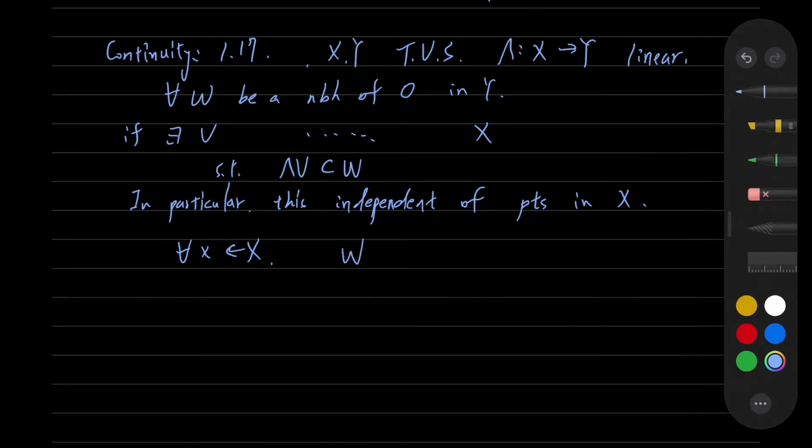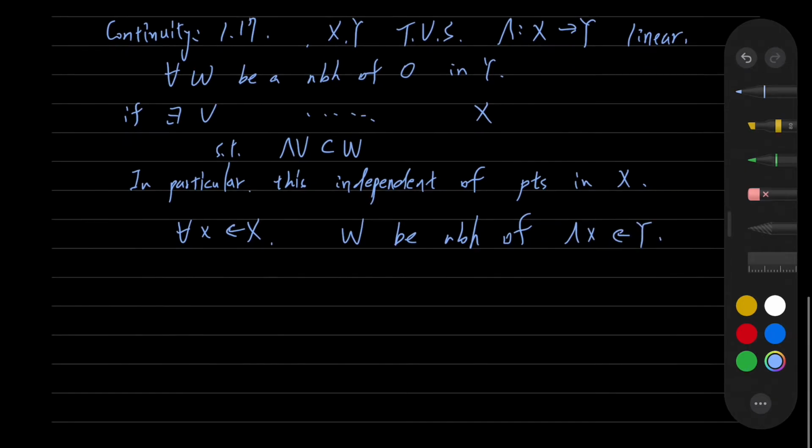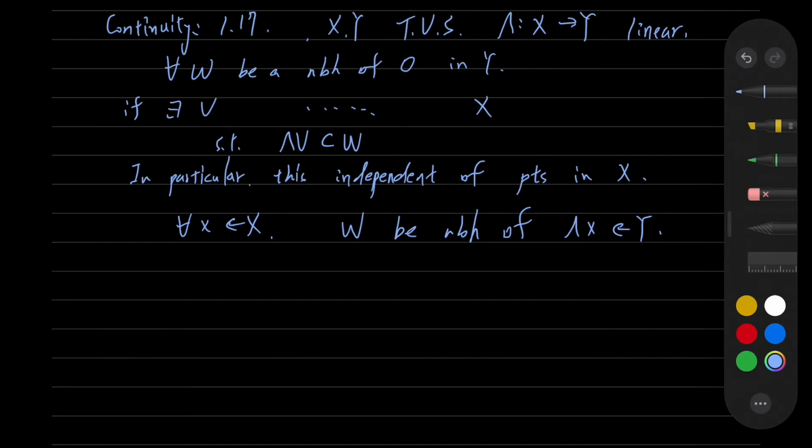Let W be a neighborhood of lambda x, which is in Y. Then we can easily check that x plus V will also lie inside. I should write it as W plus x, as it literally denotes the same thing as before.